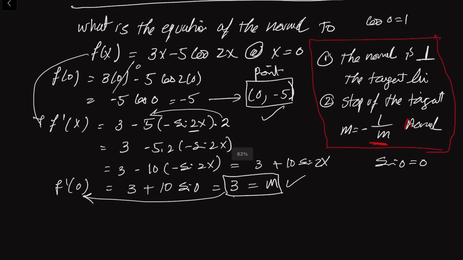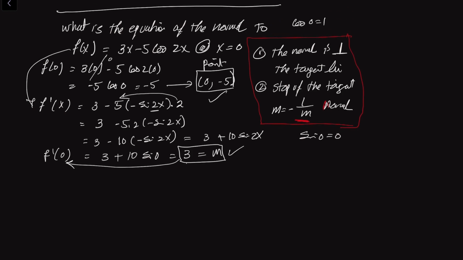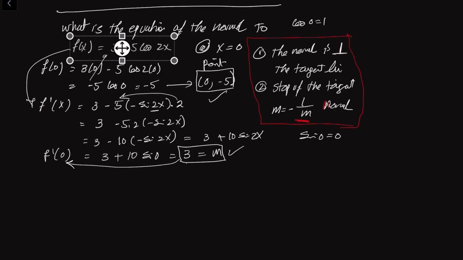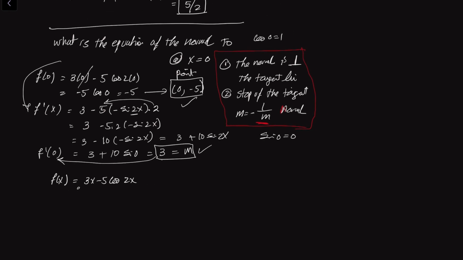So let's write this down. We have the point is (0, negative 5), and the slope m is equal to 3.